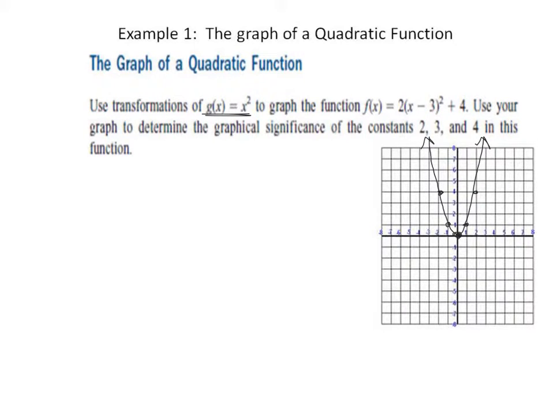Okay, now remember I said there's a certain order you need to go in. So the next thing we need to do is figure out what to do here with the 2. Remember the 2 is on the outside, which means it's going to be vertical, and it's going to do exactly what you think. It's going to stretch it, which means it's going to affect your y values.